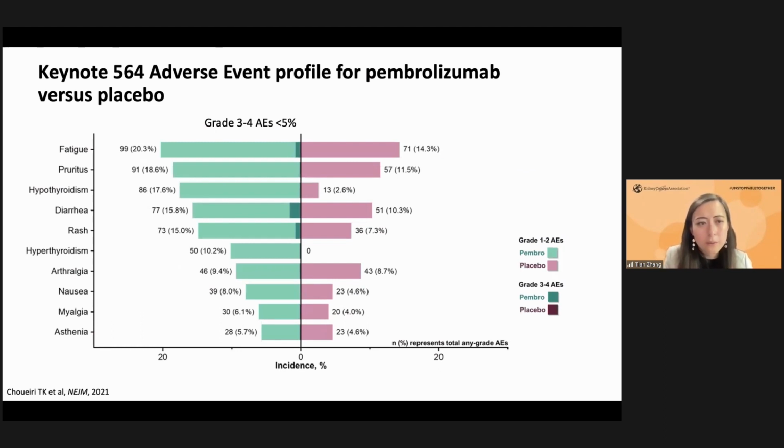Very similar to what we described for immunotherapy toxicities, and in particular pembrolizumab alone, which we have used for many patients now across solid tumors. So very similar, nothing unexpected from this trial: rashes, diarrhea, endocrine toxicities, and fatigue.